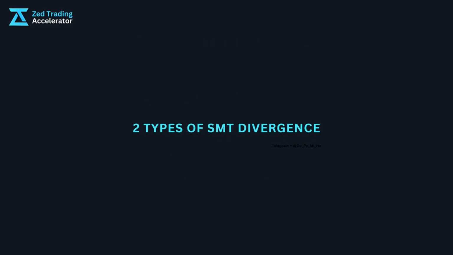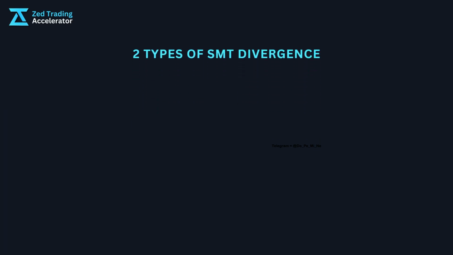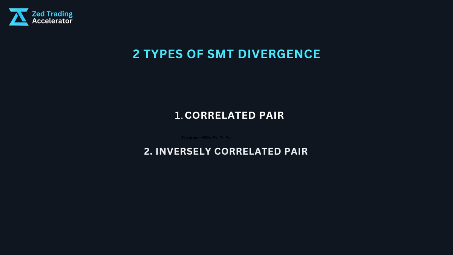There are two types of SMT divergence. So, take this down in your notes. The first one is the correlated pair or correlated assets. These are pairs or assets that move identically with each other. Right? These are pairs or assets that move almost the same as each other.